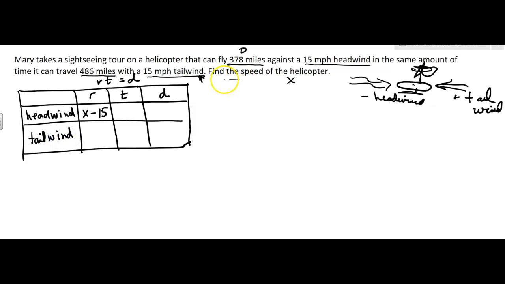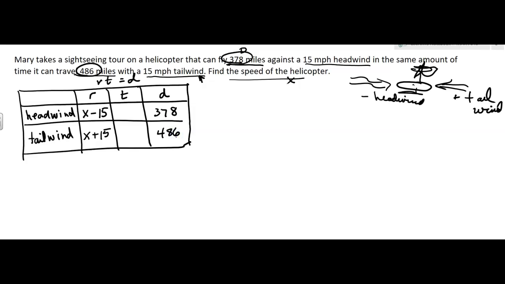So the helicopter still has the same speed, x, but because it's a tailwind, we're going to add the 15. We don't know anything about the time, so we just leave that blank. The distance that it traveled with the headwind, that was 378. The distance it traveled with the tailwind was 486.